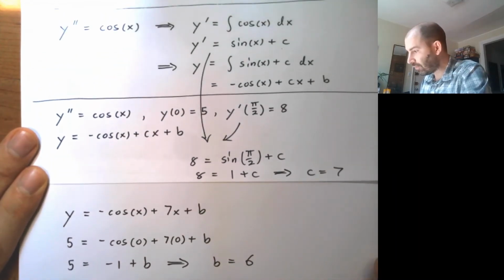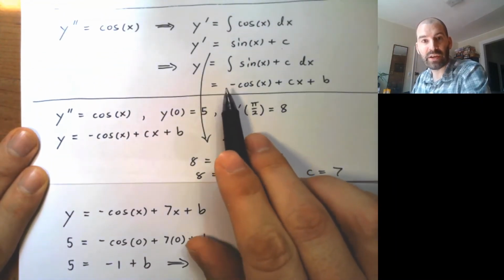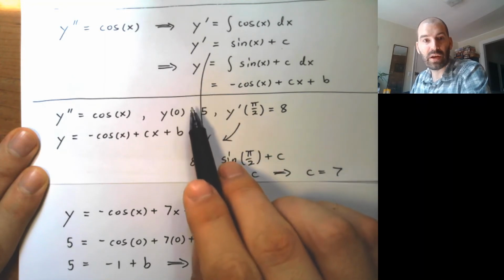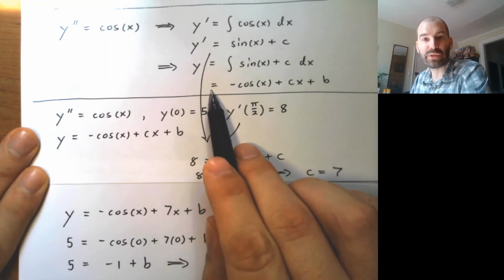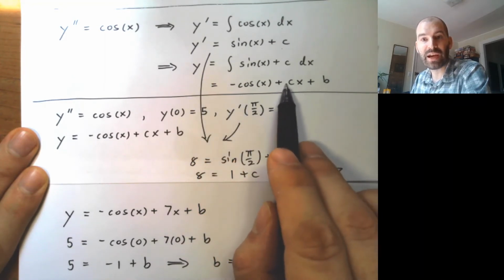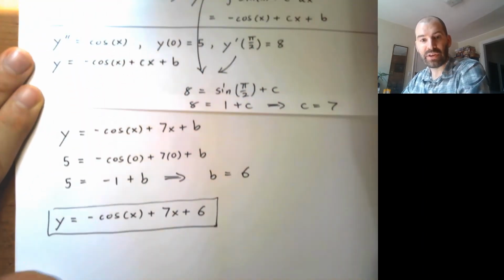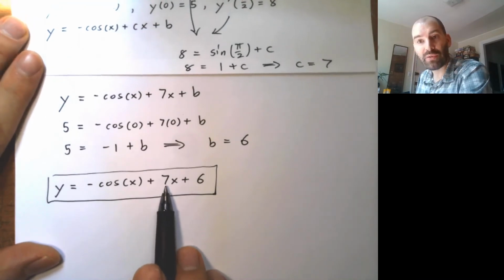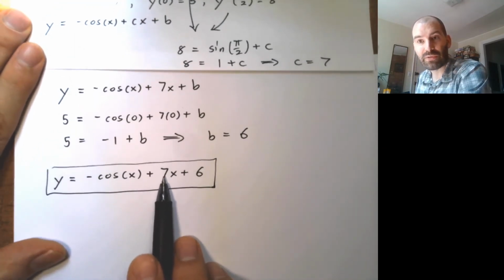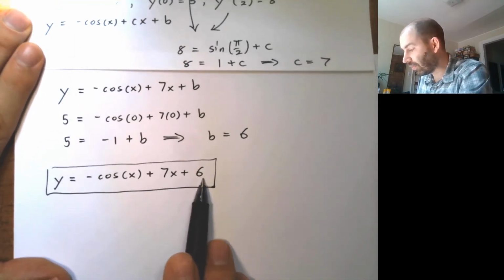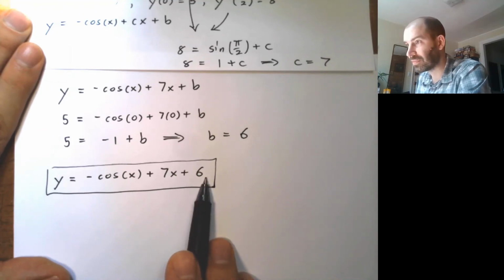So notice what we have here. If you aren't given conditions, then when you solve the differential equation, you'll solve it in terms of constants. If you do have conditions, you can try to solve for those constants, and write down the solution without any constants. Okay.